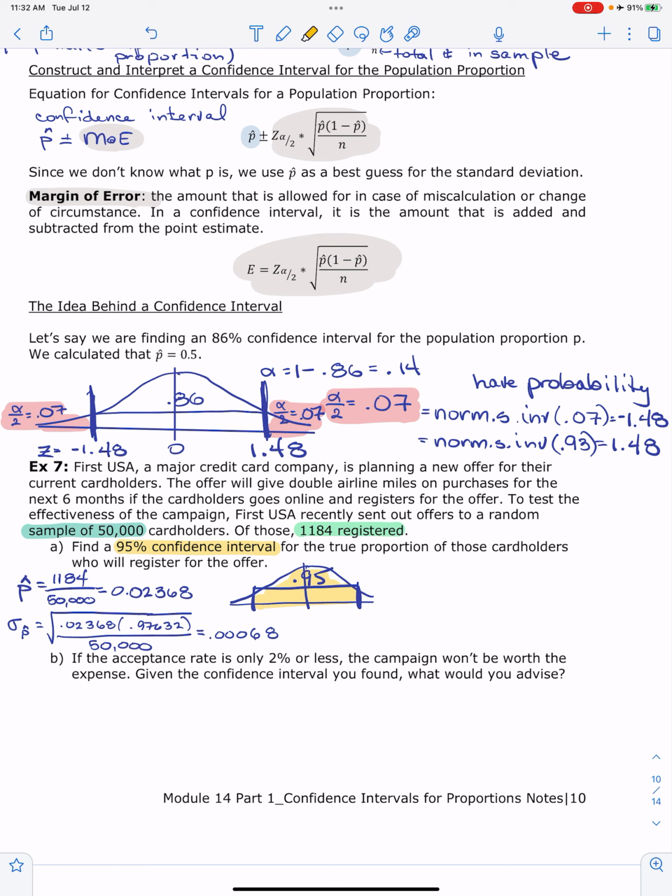If I am trapping 95% between these two values, I can find my alpha, 1 minus 0.95. I have an alpha of 0.05. That alpha is important because if I've got 0.05 outside my two boundaries, then I've got an alpha over 2, 0.025, in each of the tails.